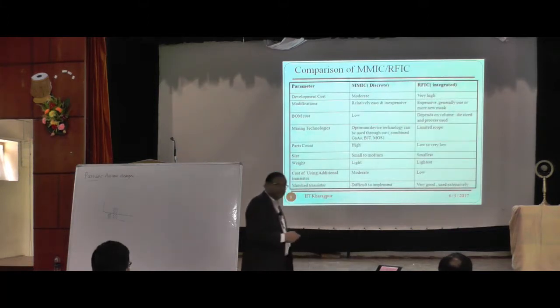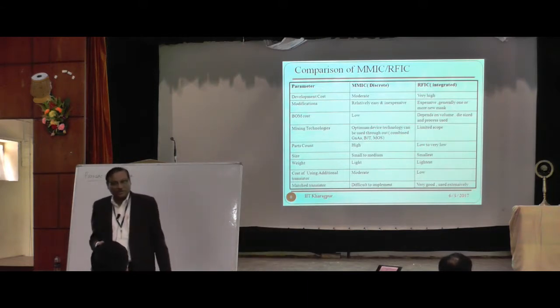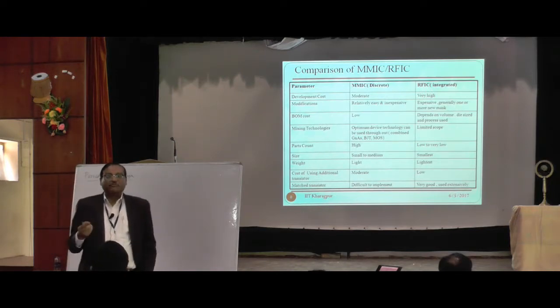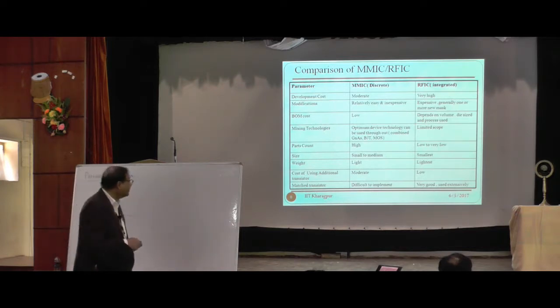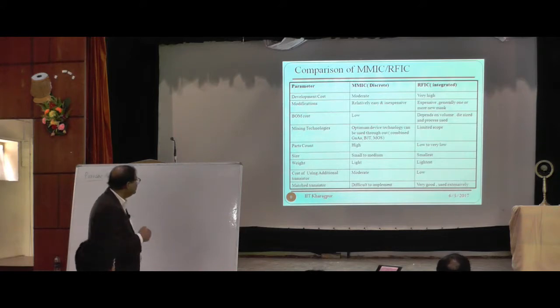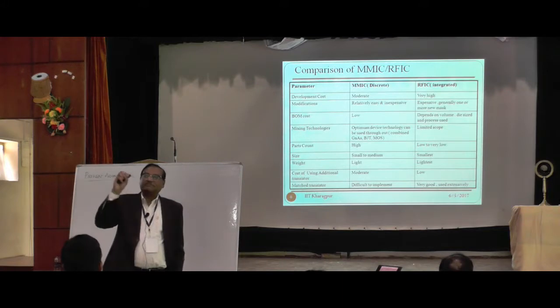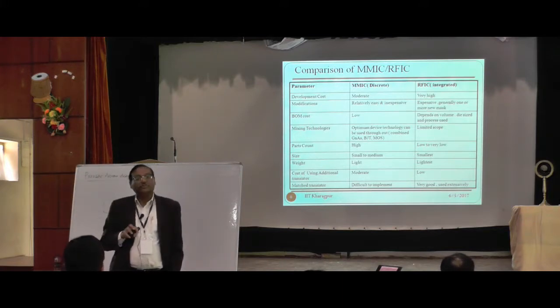Somebody asked how it differs from MMIC, monolithic microwave integrated circuit, and RFIC. What is the difference, and why is RFIC becoming so important nowadays? If you look at the development cost, MMIC is based on, I gave a term, discrete. Means you have a low noise amplifier, you have a mixer, you have a power amplifier, frequency synthesizers, and so on.